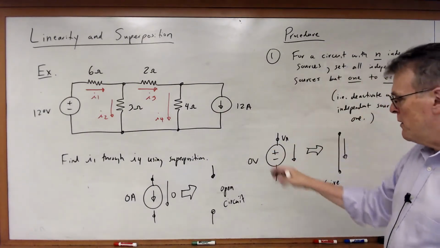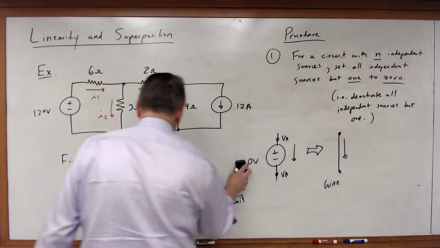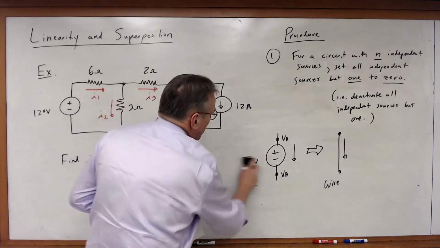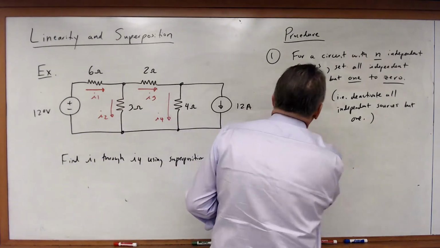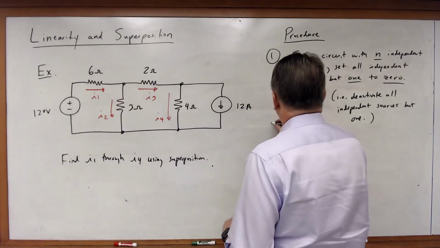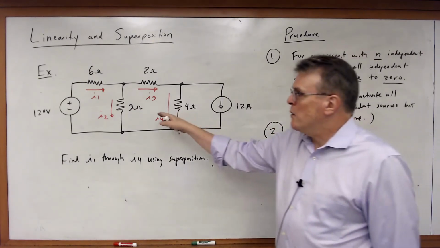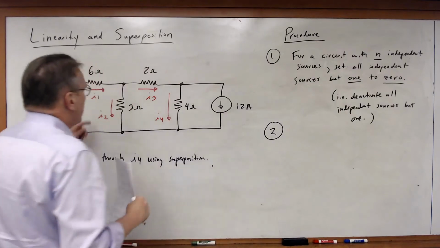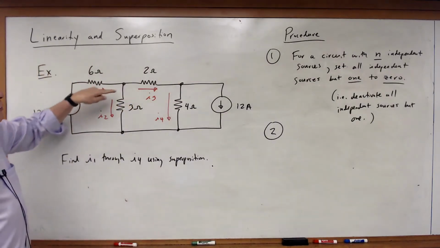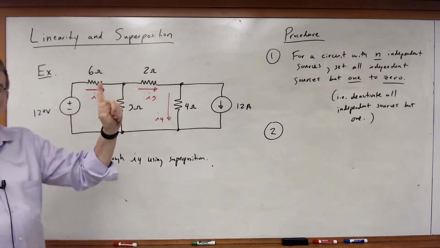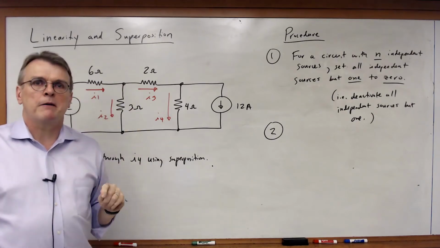So you zeroed out. What's the next step? The next step is we're going to calculate any desired partial voltage or current due to the one remaining independent source.